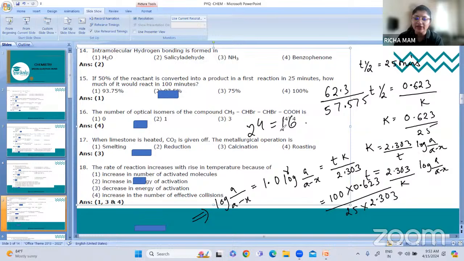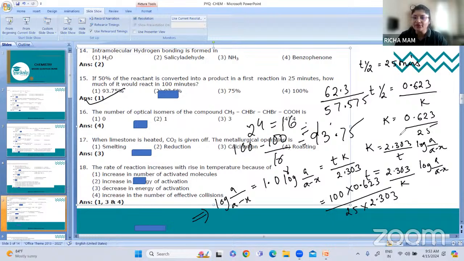So if 100% is your total, you get 100 minus 16. The answer will be 93.75. So option number A. Option number A is the correct answer.